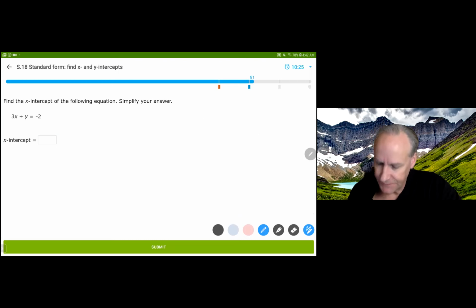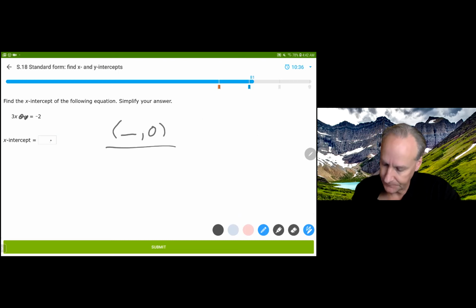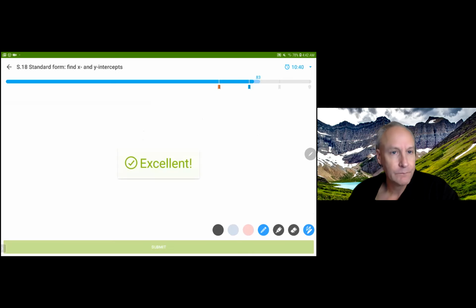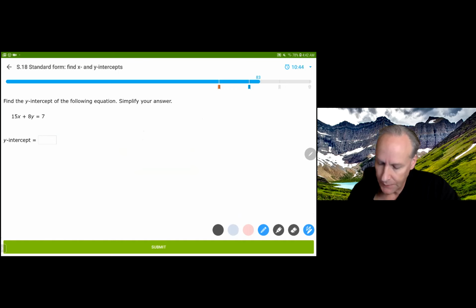We want the x-intercept in this case, so we're interested in the value of x when y is 0. Again, write that down. It's going to be negative 2/3. The y-intercept is going to be 7/8 because I'm going to let x equal 0.